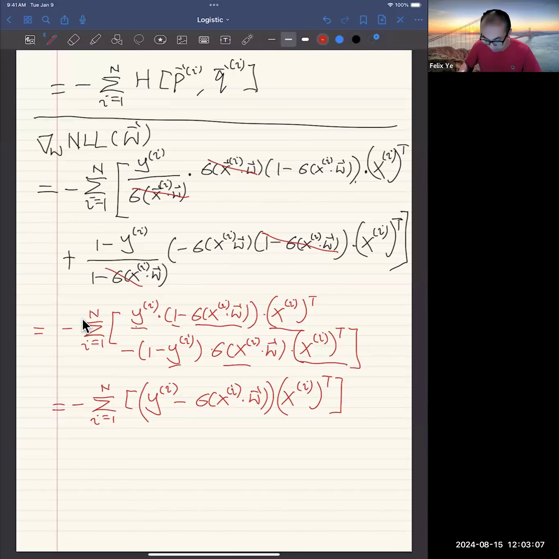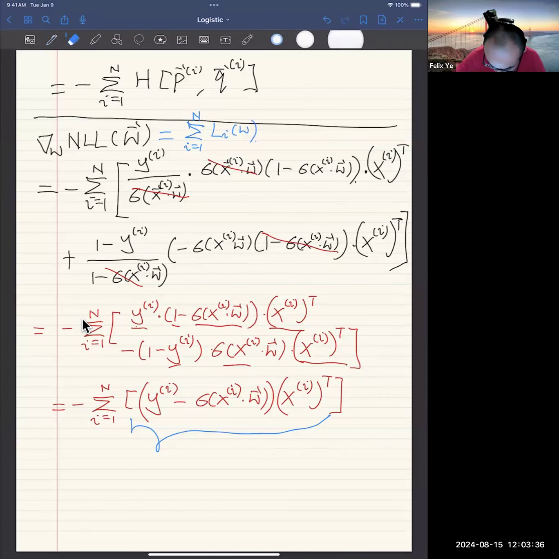Okay, so you can see right here, I'm going to move this minus sign inside. If we think about it, this is equal to 1 over the summation i from 1 to n of this Li of W, right?